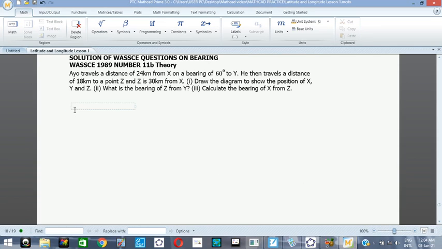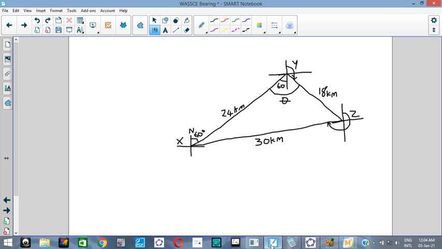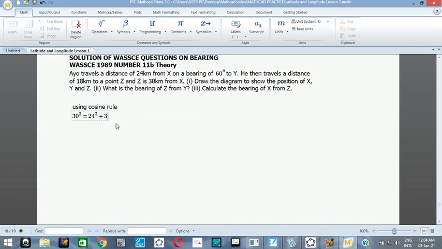So if I move on now, using the cosine rule, I'm going to get 30 square equals 24 square plus 18 square minus 2 times 24 times 18 times cos of the angle we need.